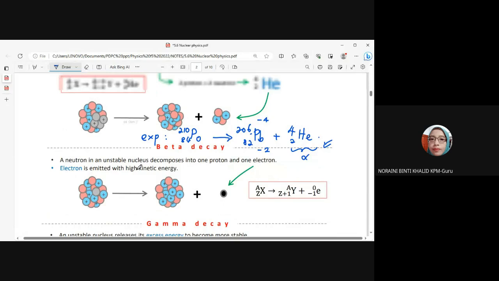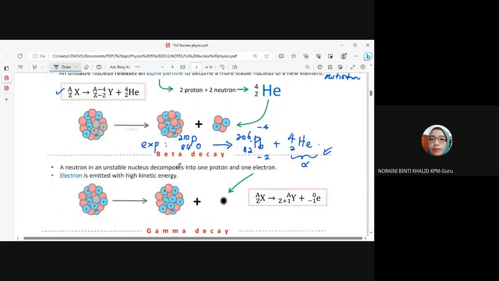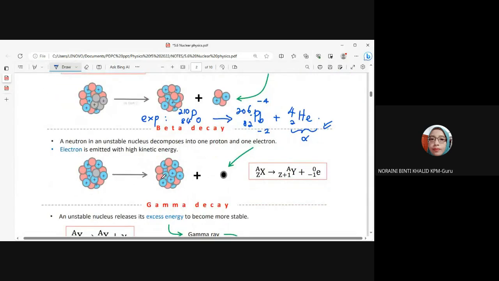Okay, let's look at beta decay. Unstable nucleus decays to become more stable by emitting 1 electron or beta. Nuclide notation 0, -1, e. So this is an example of a decay process.